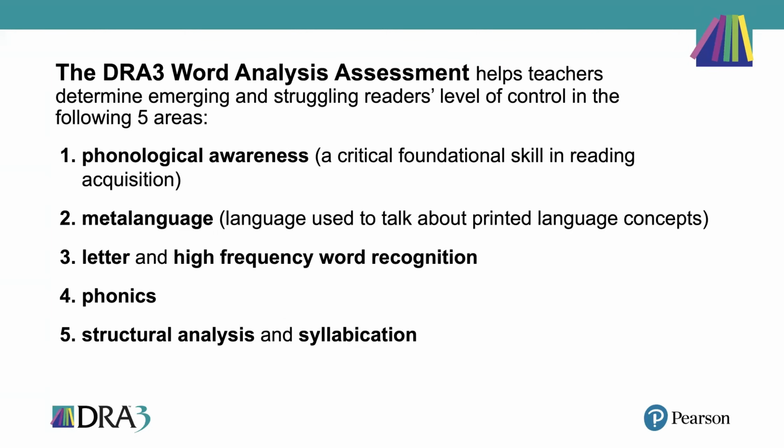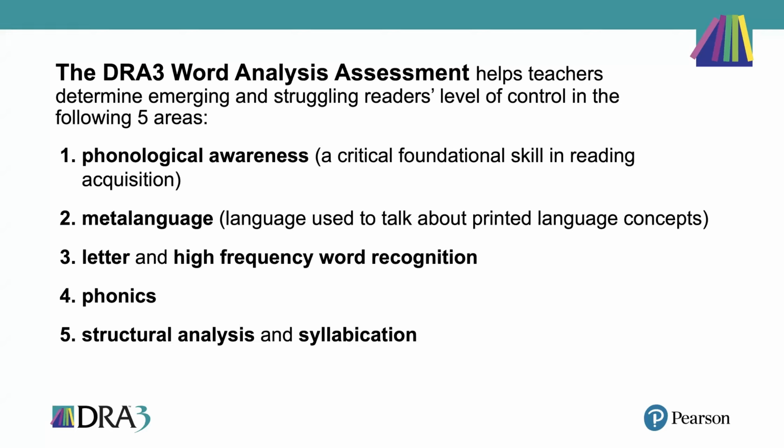DRA3 word analysis assessment helps teachers determine emerging and struggling readers' level of control in the following 5 areas: phonological awareness, a critical foundational skill in reading acquisition; metalanguage, language used to talk about printed language concepts; letter and high-frequency word recognition; phonics; and structural analysis and syllabication.